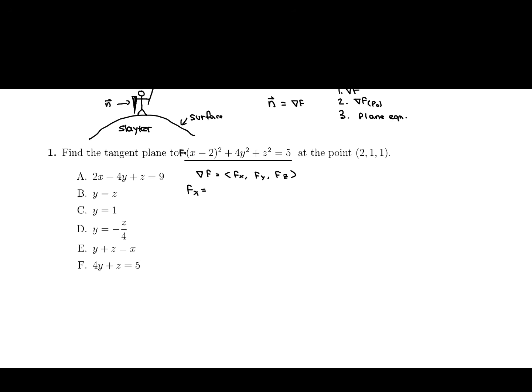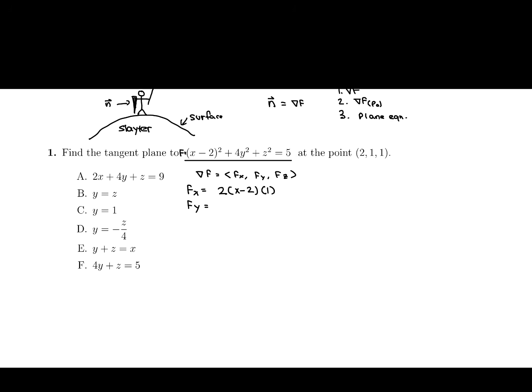In this case, we just have to do a little bit of chain rule. So for f_x, bring the 2 down here, x minus 2, and evaluate what's inside, which would just be 1. Then y is a constant, so it becomes 0, and z is also a constant, so it also becomes 0. Moving on to the partial derivative of f with respect to y.